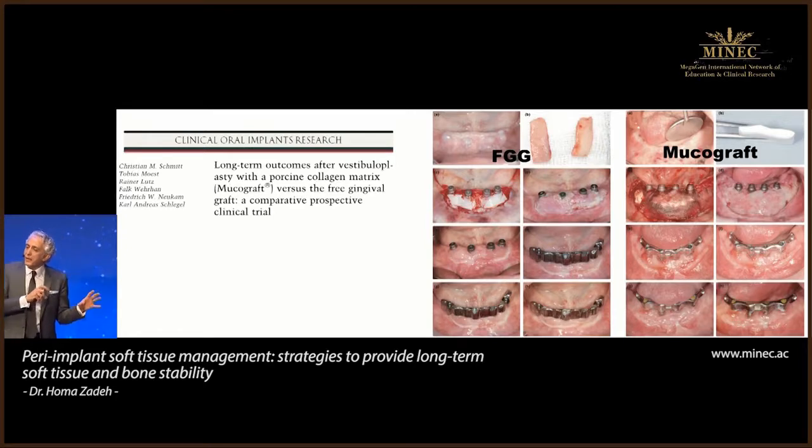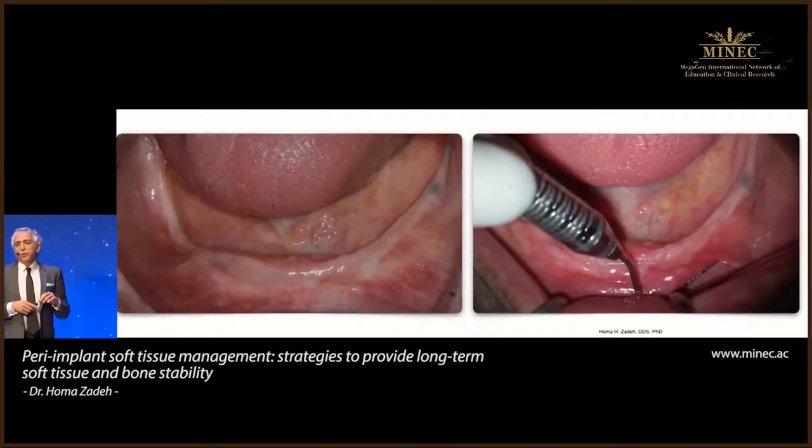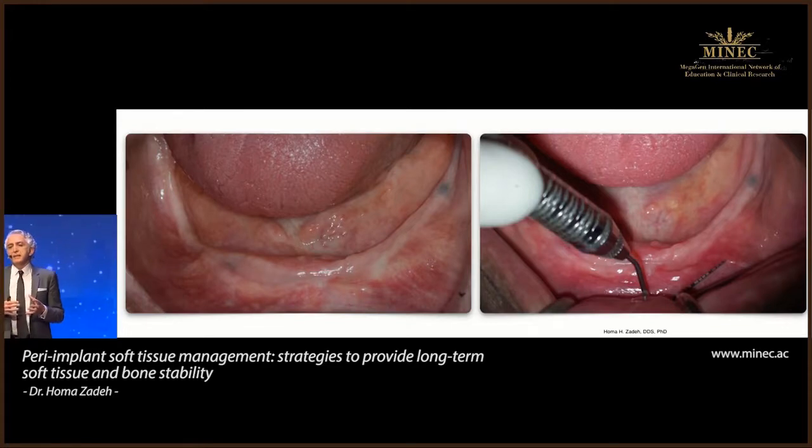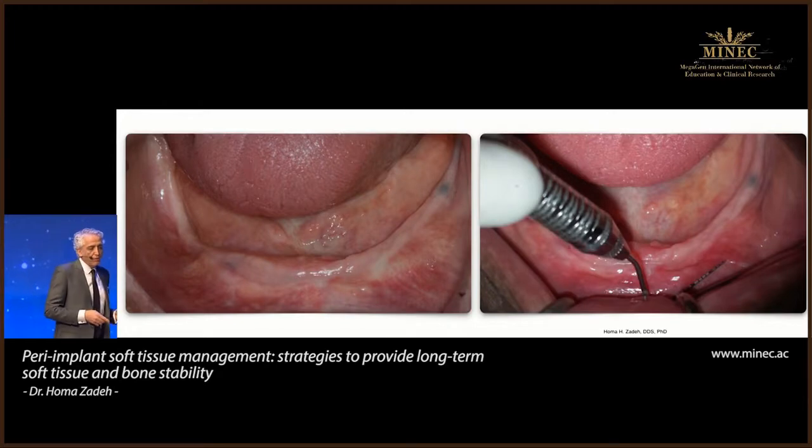So there have been studies which have compared that to using a mucosal or collagen matrix instead of autogenous tissue, and this particular study demonstrated that both the free gingival graft and the mucograft achieved the same amount of vestibular deepening and the same amount of keratinized mucosa around the implant. So it is possible to increase the vestibular depth in the absence of autogenous tissue.